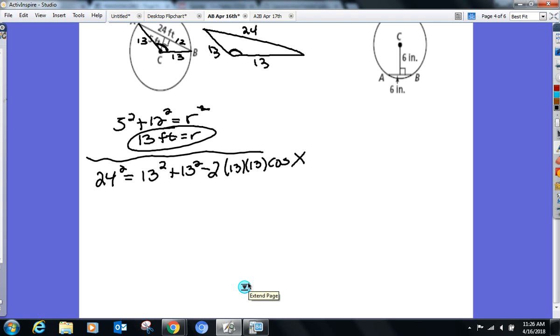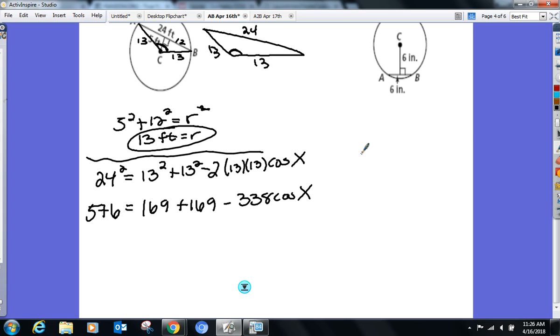All right, I'm a little nervous here. I'm not sure what you're typing in your calculators, but 24 squared is 576. 169 plus 169 minus 338. Anybody remember when we did this what you can't do here?